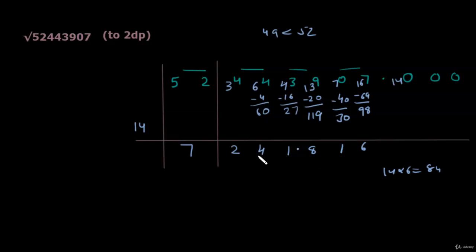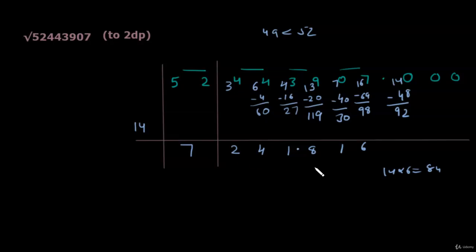Let's see what the duplex of this number is. 48. So we will subtract 48 from this number, 92. But we don't need to perform further calculations because we have to find the answer up to 2 decimal places and we already did the calculation up to 3 decimal places.